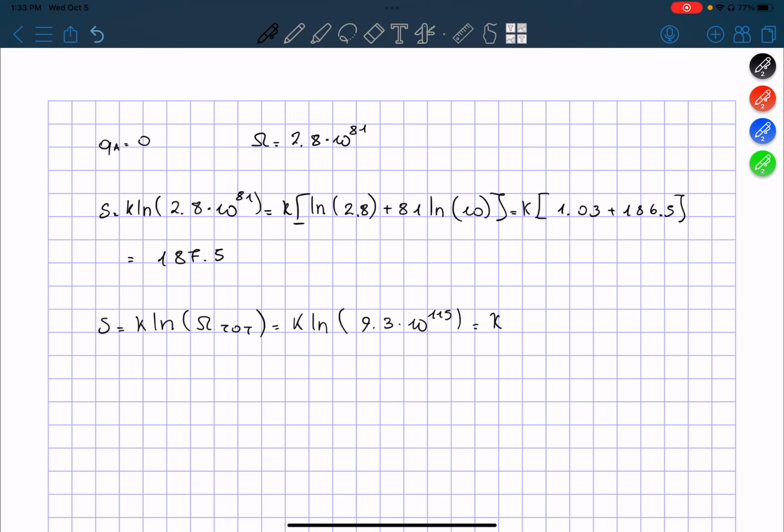So K times ln of 9.3 plus 115 times ln of 10. ln of 9.3 is equal to 2.23, plus 115 times ln of 10, which is equal to 265. So our result will be 267K. And this is the entropy over a long period of time.